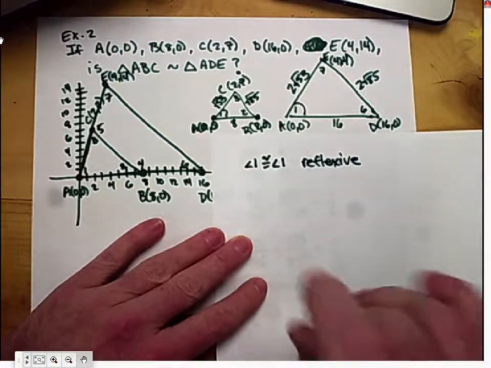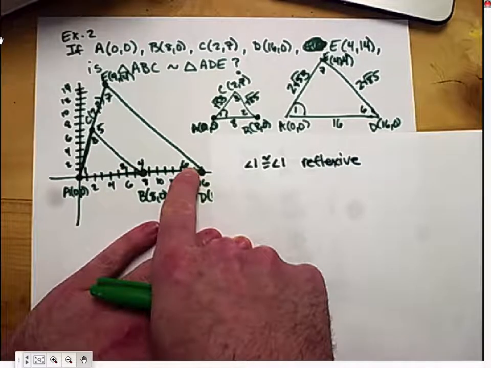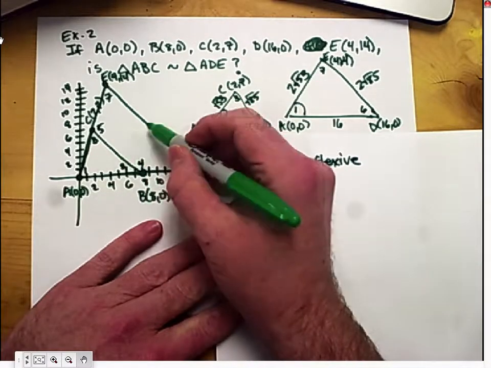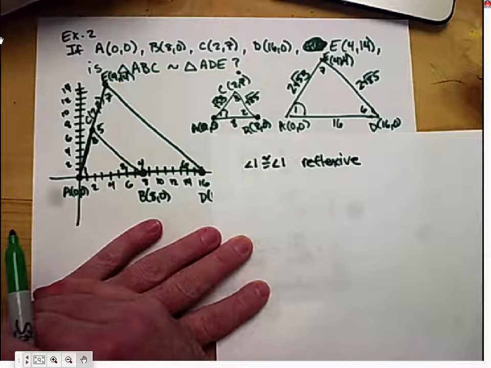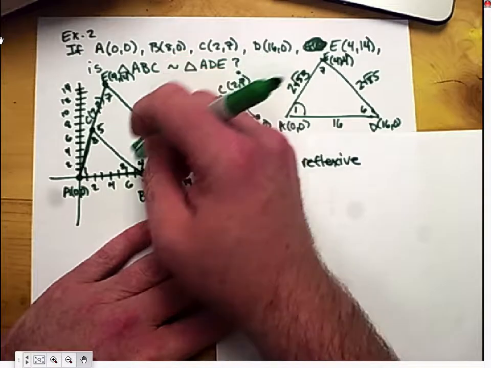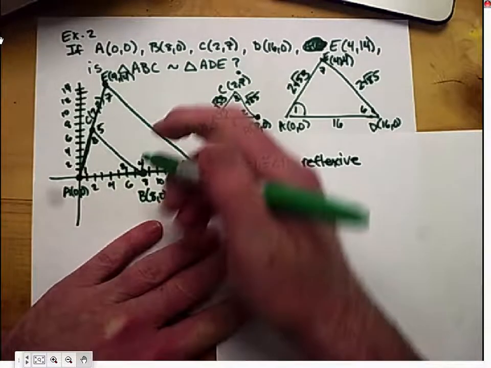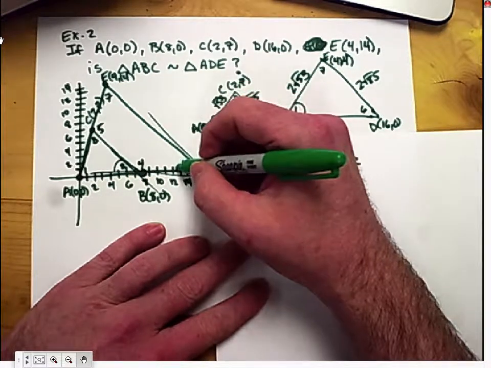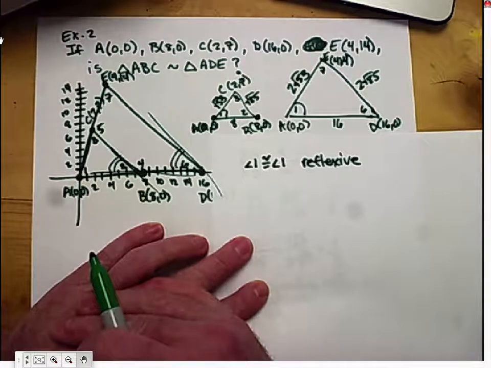Okay? How could we show 2 is congruent to 6? Well, if these two lines were parallel, would 2 be congruent to 6? If these two lines were parallel, 2 and 6 would be corresponding angles, right? Two parallel lines cut by a transversal, those are corresponding angles, right?